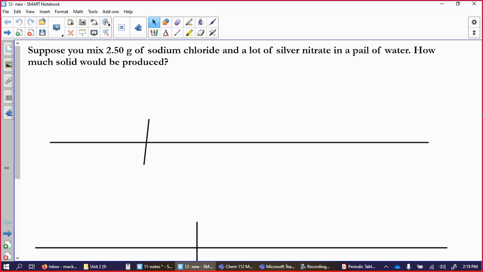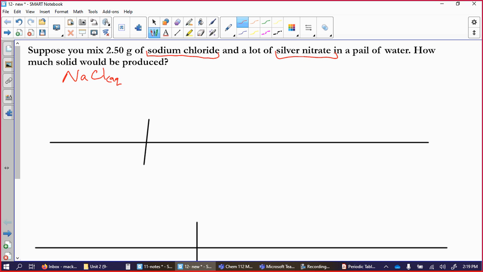Well, in this section, we're going to combine sodium chloride and silver nitrate. That's pretty easy. That's NaCl. It's in a pail of water, so it's aqueous. Silver nitrate is not only good for vampires, it's good for chemistry, or werewolves, or whatever. Those react together.